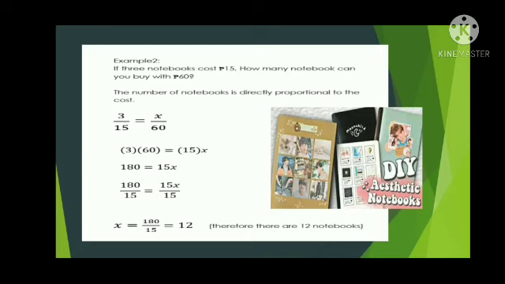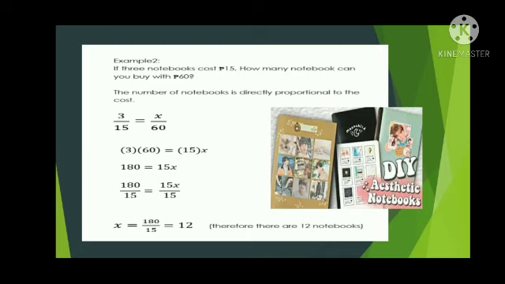We let that as X. That is the unknown in the problem. Divided by 60 pesos. Okay, so that is our equation of proportionality.